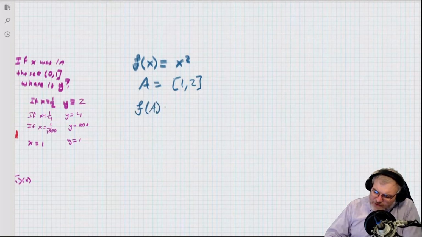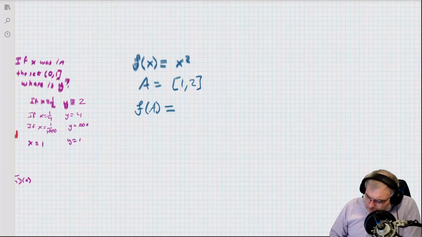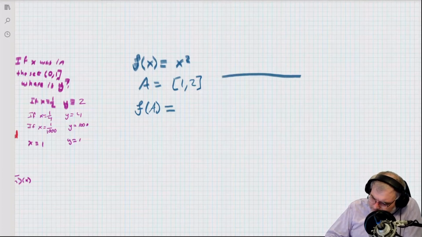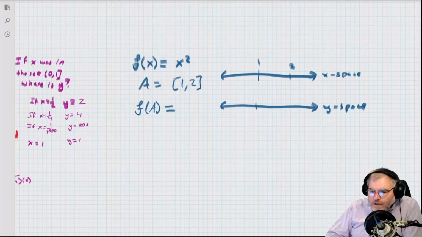Right, what is the image of A? Well, let's see. Where is 1 going to map to?